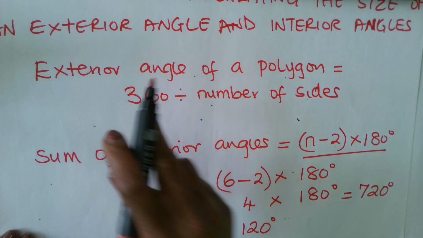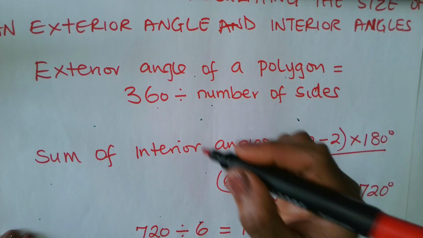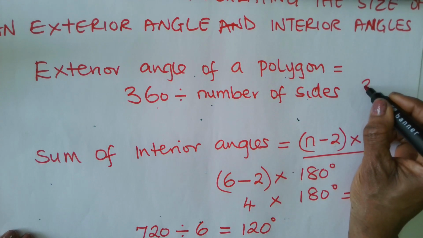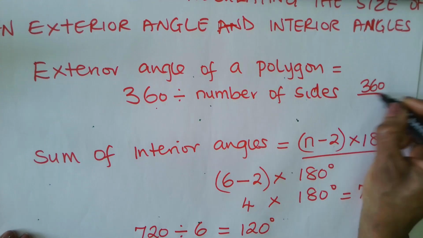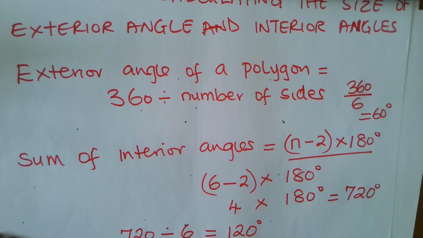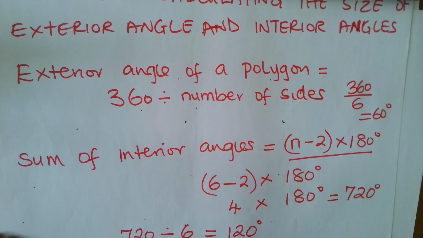But to find the exterior angle of a polygon, for example the hexagon, it would be 360 divided by 6, which will give me 60 degrees. Now remember that the interior and exterior angle add up to 180 degrees.